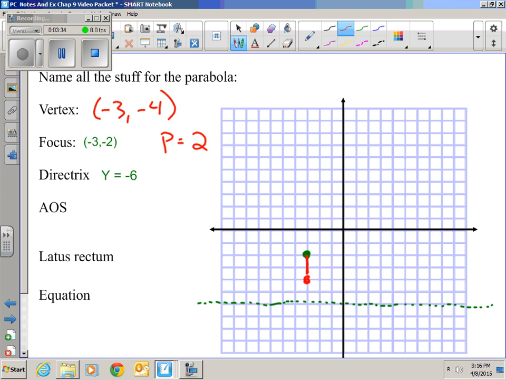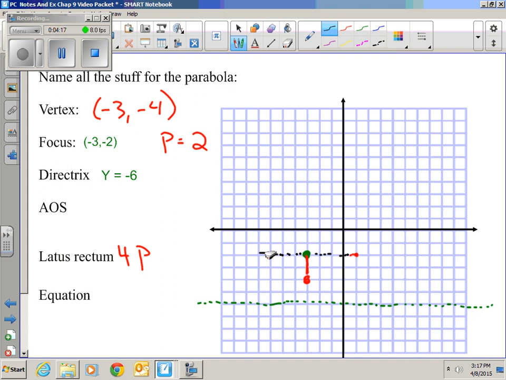My latus rectum, I did not mention that, but we'll talk about that in a minute. The latus rectum is always a distance of 4p. So the latus rectum is going to have a distance of 8, and it is going to pass through my focus. It is a line segment passing through the focus with a distance now of 8, where the focus is the midpoint of my latus rectum, and it will always be horizontal, perpendicular to my axis of symmetry.